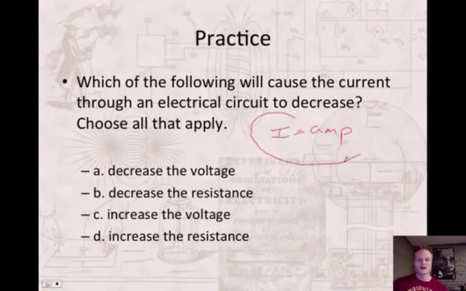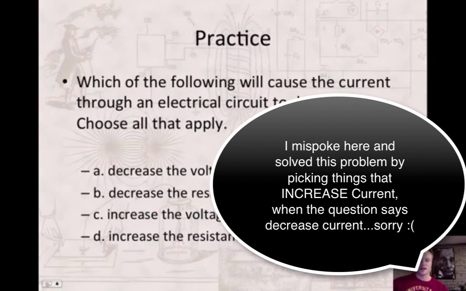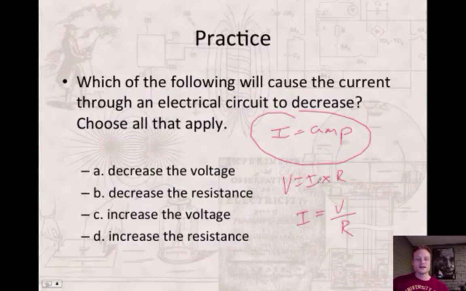So how can we make current get bigger? This is the formula of Ohm's law I remember: V equals I times R, and if we want to deal with I, let's get I by itself: I equals V over R. If we decrease the voltage, would that increase current according to this formula? If you just throw pretend numbers in there, the answer would be no.